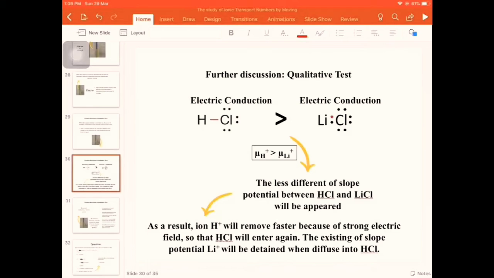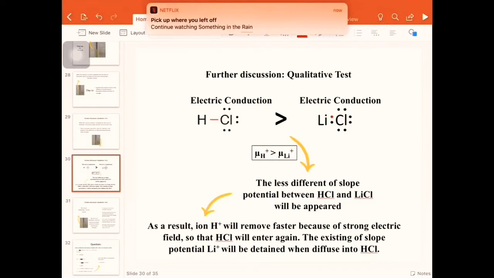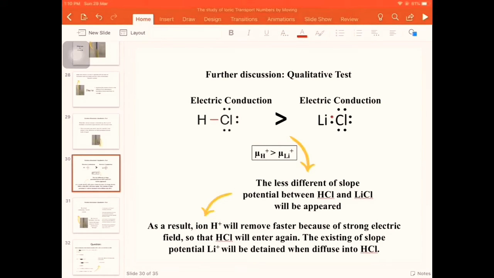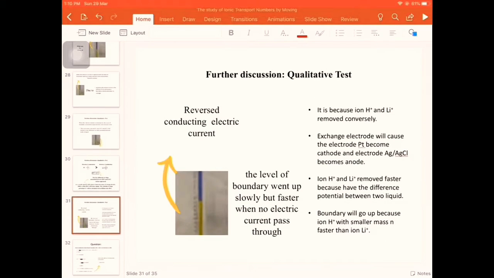When you have a smaller size, it will move faster compared to Li, which has a bigger size compared to H. As you can see here, the slope potential difference between HCl and LiCl will appear. As a result, the H plus ion will move faster because of the strong electric field. So that HCl will then enter again, and the existing slope potential, Li plus will diffuse into the HCl.